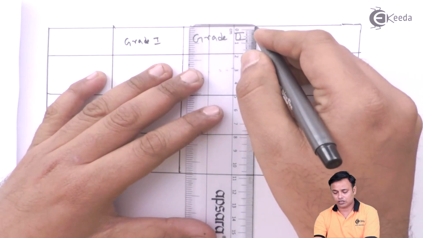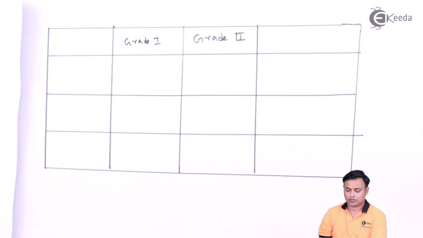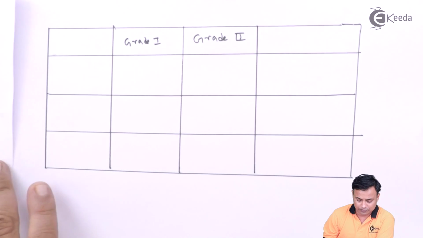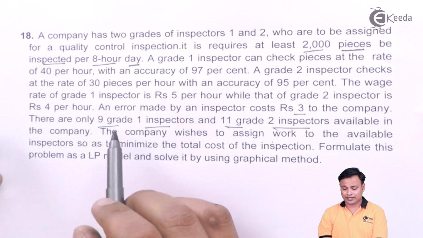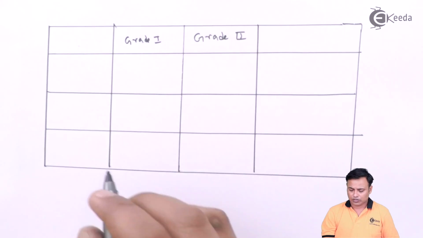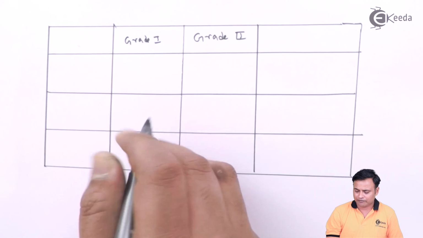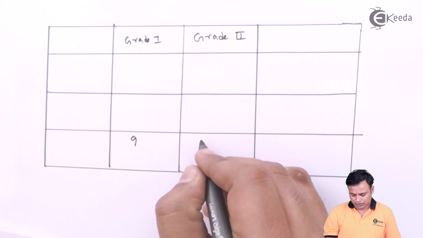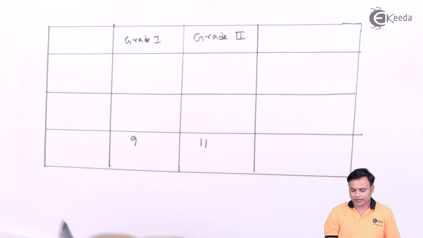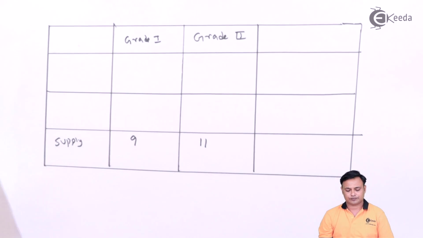And then here I have got one more column. We have 9 grade 1 inspectors and 11 grade 2 inspectors. So I'll put up the supply: 9 grade 1 inspectors and 11 grade 2 inspectors. This is the supply available.